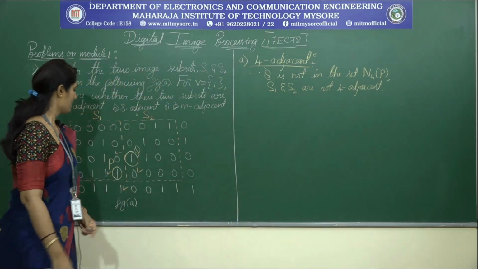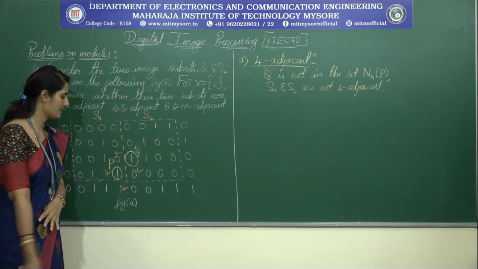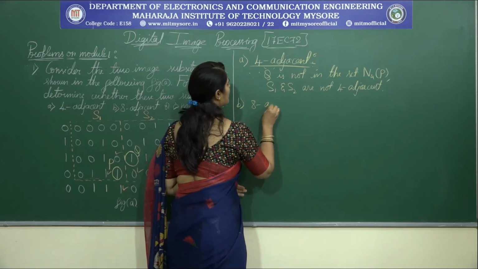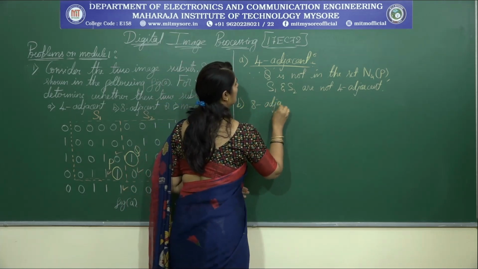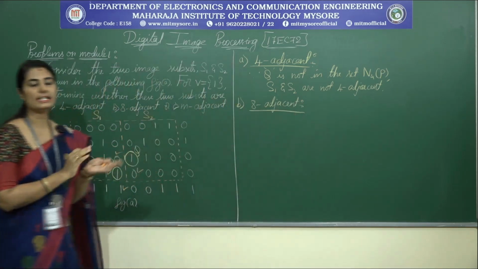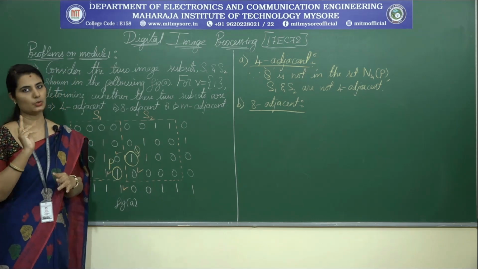Now let us check the second condition, that is 8 adjacency. To say the two pixels P and Q are 8 adjacent, it should satisfy two conditions.